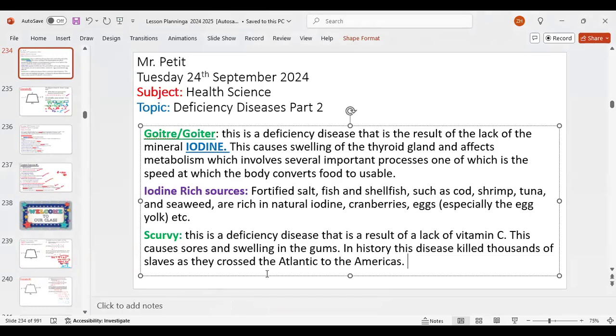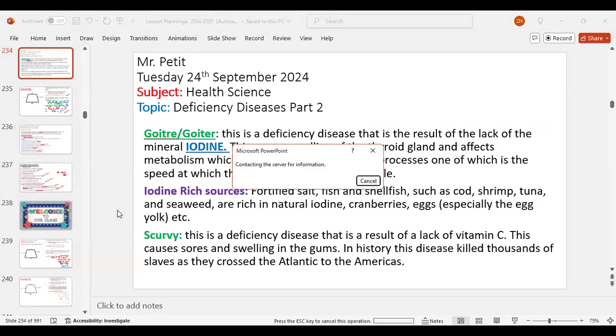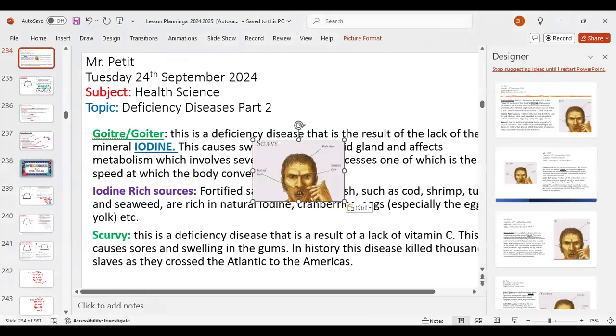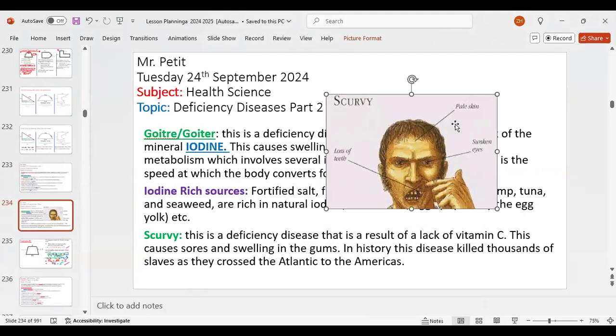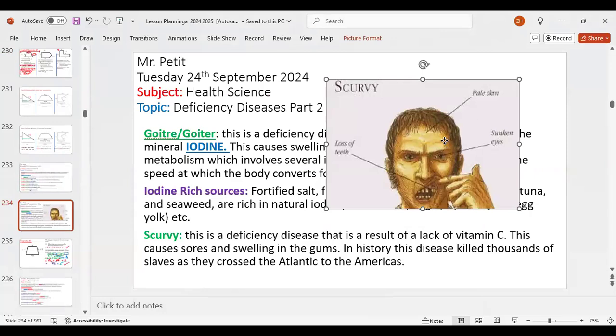Yeah, I mean, it's not a good thing. So they would look very horrible. It would not look good. It will cause several things. It would not only cause the gums to bleed, but for example, in this image, you see the person, their face looks weird, loss of teeth, pale skin, sunken eyes, right? So you look different. It causes you to deteriorate.